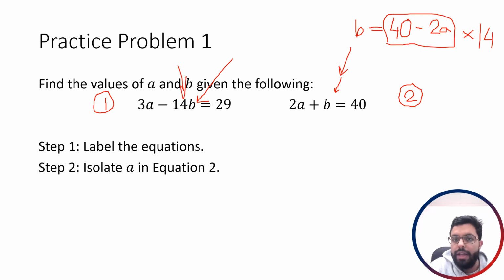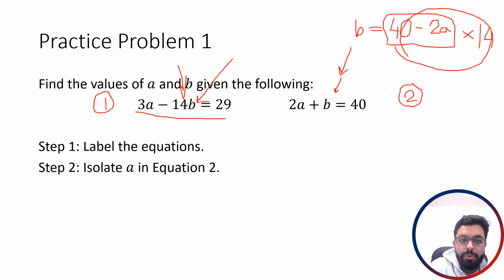And I don't want to do that big multiplication and then do all this other work with isolating a and then figuring out what a is. We're starting to deal with really big numbers, with 40 times 14, and then there's a 29 in there, and there's going to be a 14 times 2 in there. It's just going to be a big mess.